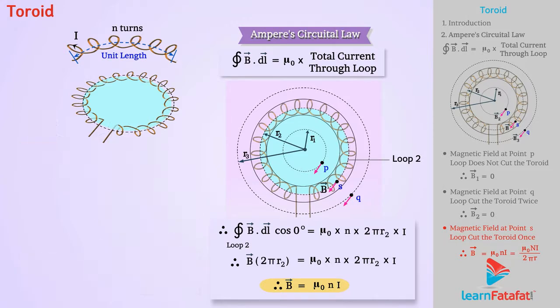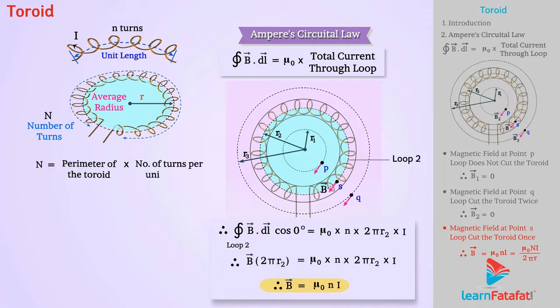If we consider that there are N number of turns of toroid and R as the average radius of toroid, then capital N equals perimeter of the toroid into number of turns per unit length, which equals 2 into pi into R into n. Accordingly, B can also be expressed as B equals mu0 into NI upon 2 pi R.